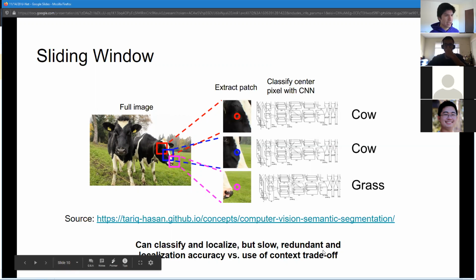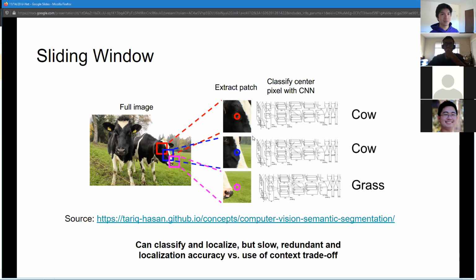The paper also mentions this trade-off between localization accuracy and use of context. That has to do with the size of these patches, which I think is a hyperparameter you set. Obviously with a larger patch size, you're going to see a lot more of the image, more context, and that might help you classify better. But with a very large patch, by designing the network, you're going to need a lot of something called pooling layers.